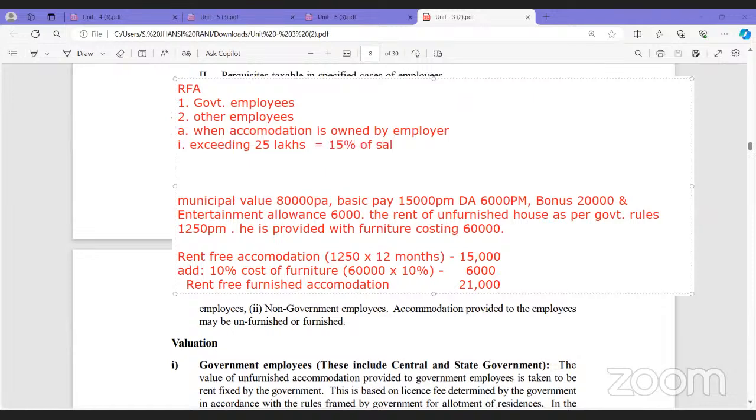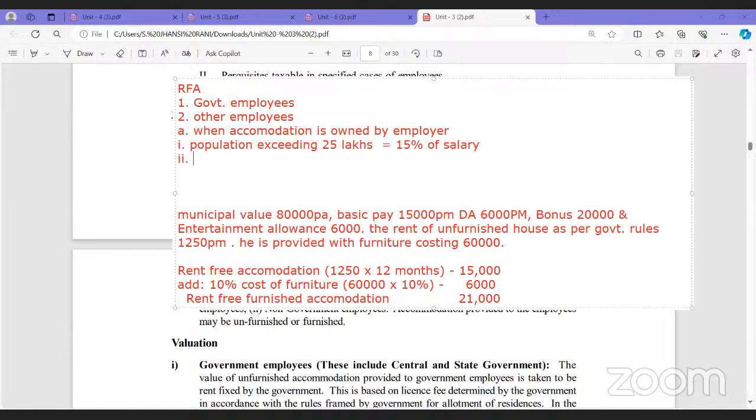When the city is having a population exceeding 25 lakhs, it will be 15% of salary. Suppose that city is having a population exceeding 10 lakhs but less than 25 lakhs.